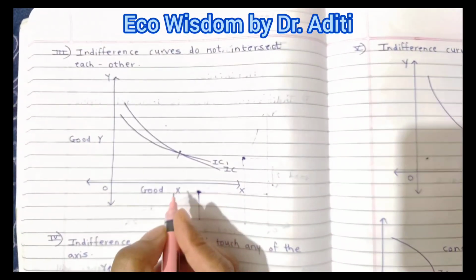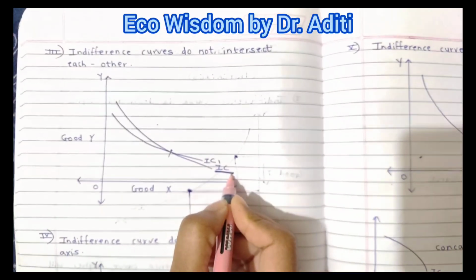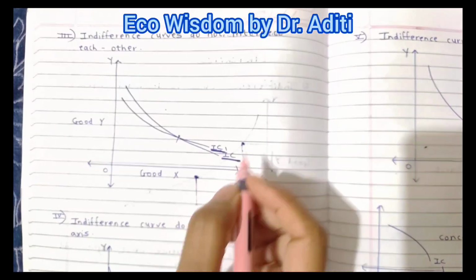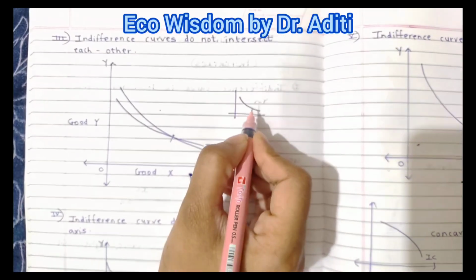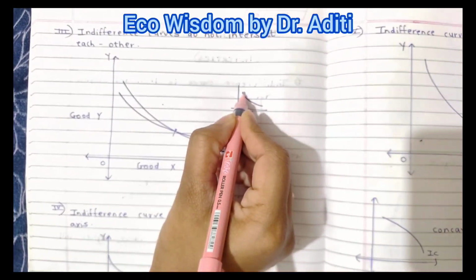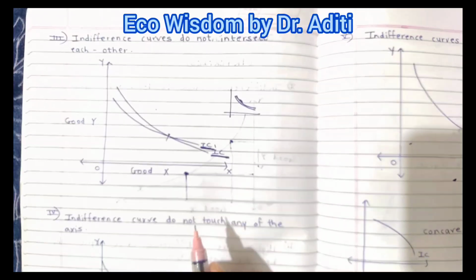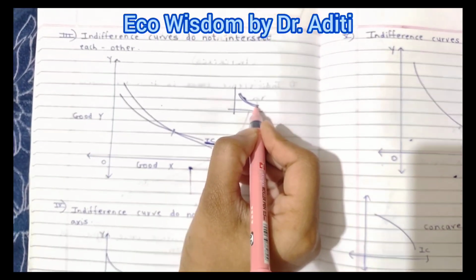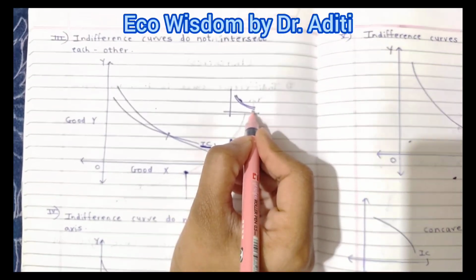But in reality that doesn't happen, because this indifference curve will show a particular level of satisfaction, and this will show another particular level of satisfaction. Assume there are two indifference curves, and there is another indifference curve very close to this one, but still the one at the right side, which is higher, will always show a higher level of satisfaction than this.